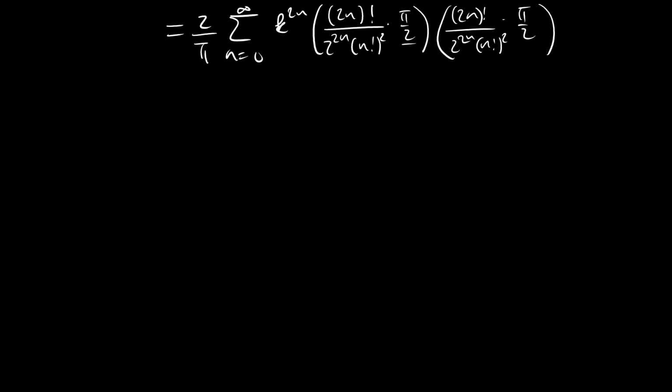Bring these constants out, so we have pi over 2, and we see this cancel.